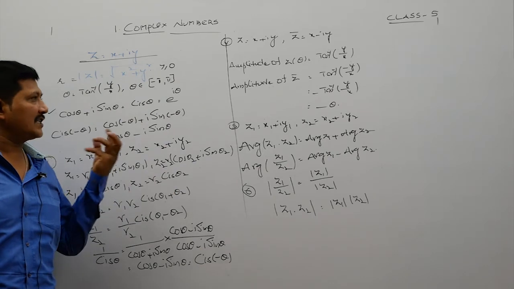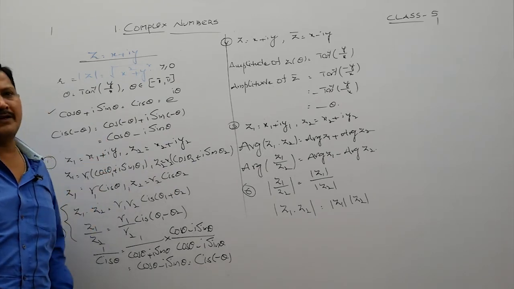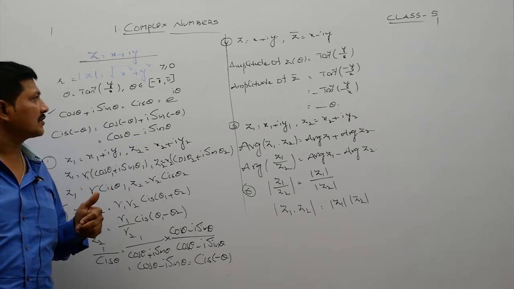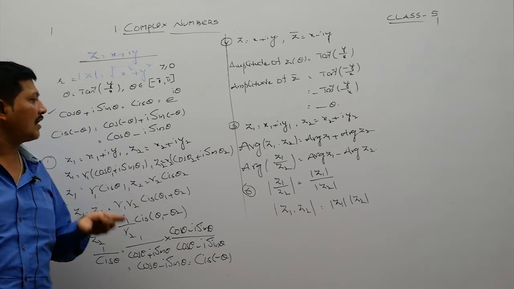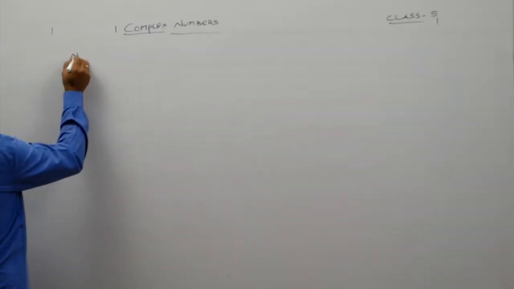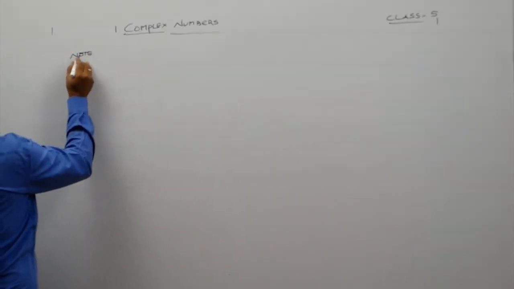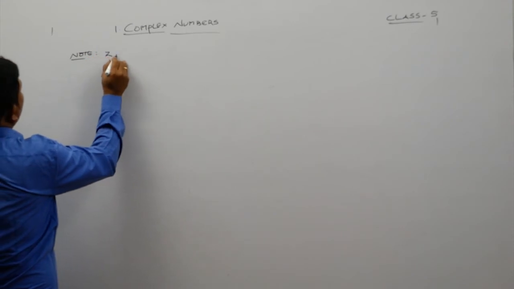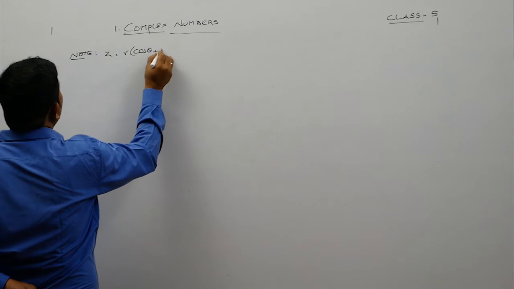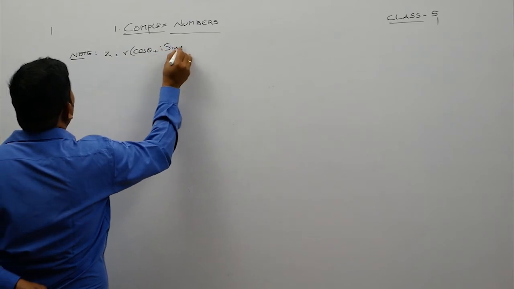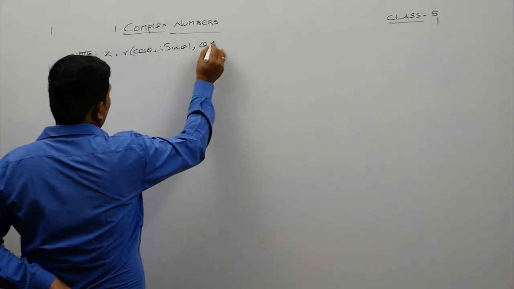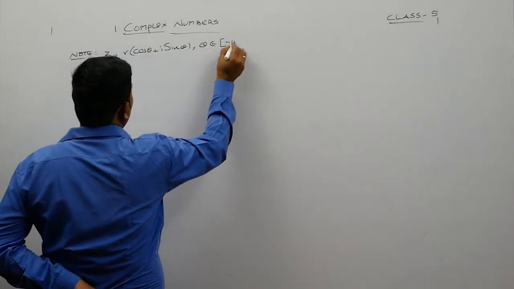Then what are the adjustments to be done when we are doing the conversion of complex numbers into the polar form, or mod amplitude form? So note: z = r (cos θ + i sin θ), θ belongs to (−π, π).